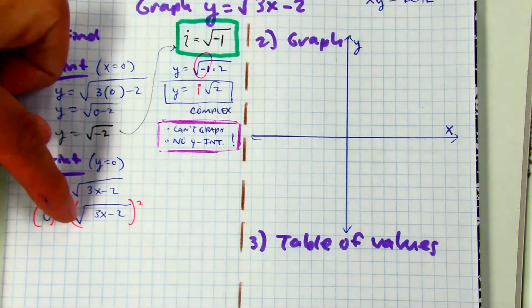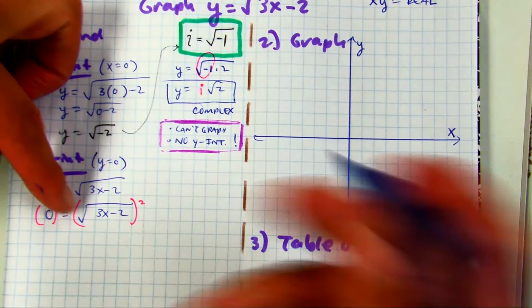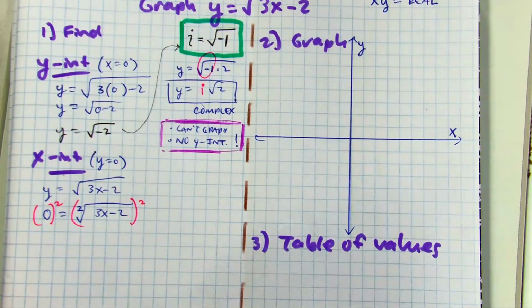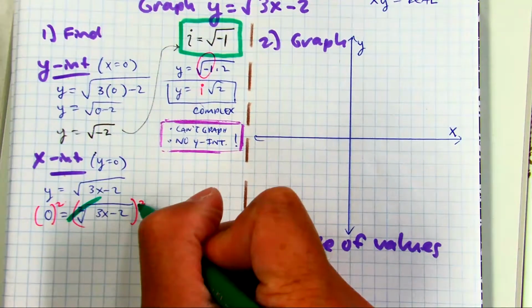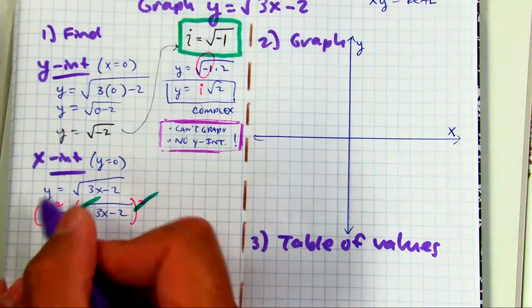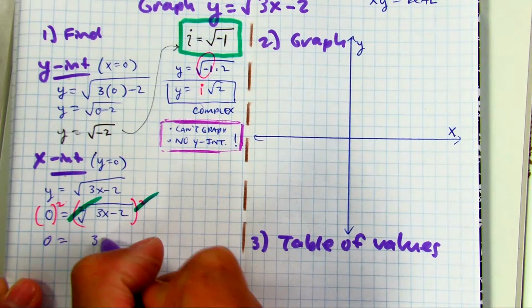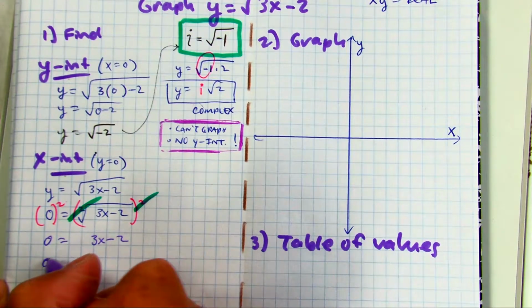Essentially what's happening is the square root and the exponent are kind of like opposites. They cancel. And we're just left with what? 0 equals 0. No. 3x is equal to 2. X is equal to 2 over 3.